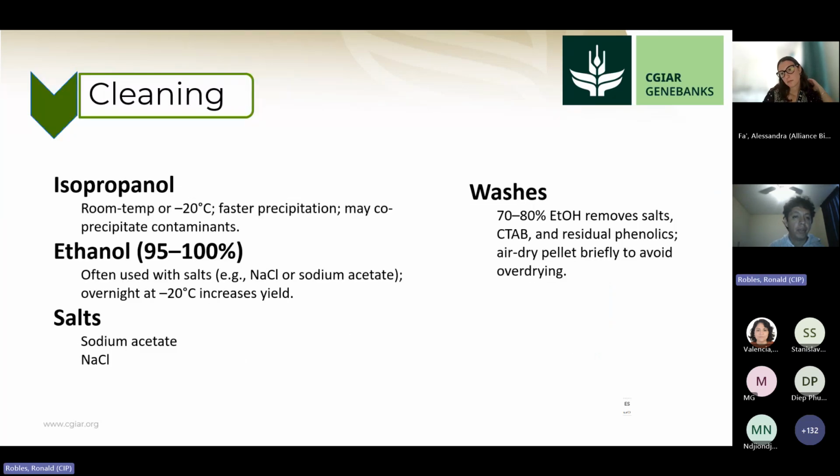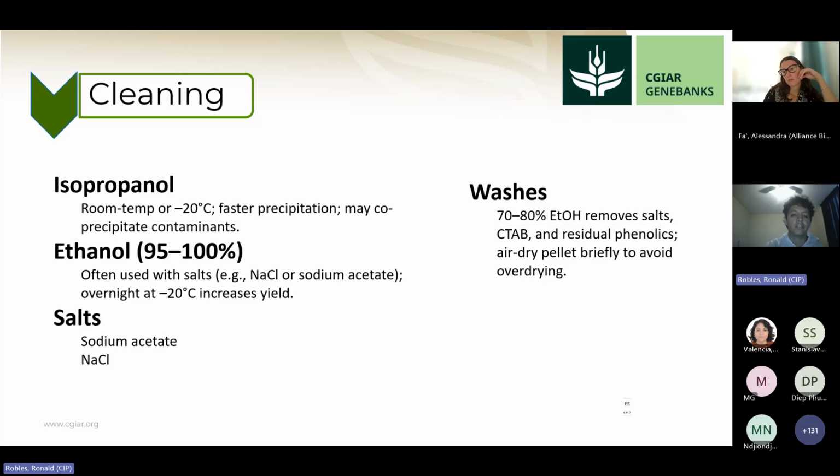And one of the key stages is the cleaning of our elution. Here we have three or four compounds that are used for the cleaning of our DNA. One is the isopropanol. This is another alcohol that can be used to precipitate. In this step, the binding of the DNA and CTAB will be released because isopropanol is a polar molecule.